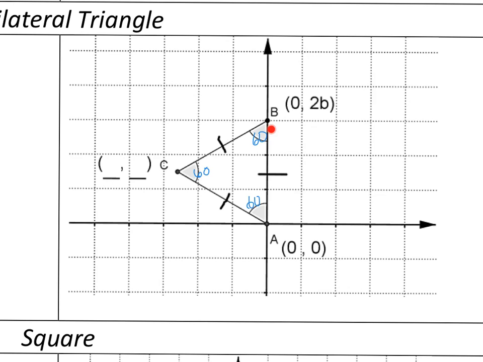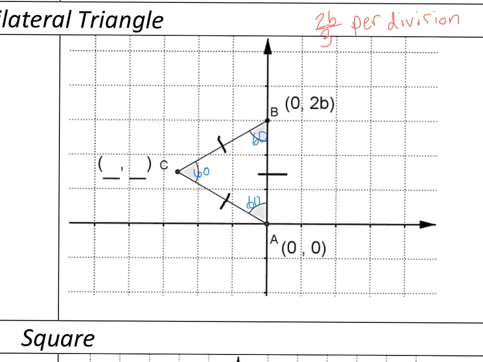So if we take a look at this scale then, we have 3 units being divided by 2b. The way I would write that is each unit is 2/3 b per division, per box, if you will.